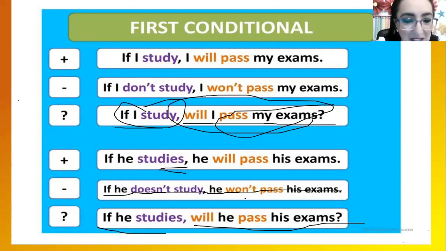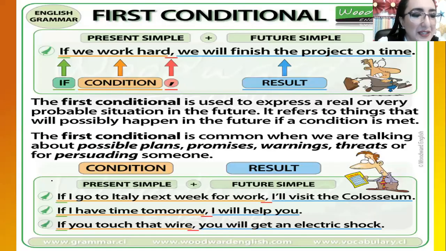If he studies, he will pass his exams. If you study, you will be having some vacations. That could be, for example, very, very good. Remember that if you have some questions, please let me know and I'm going to be helping you.